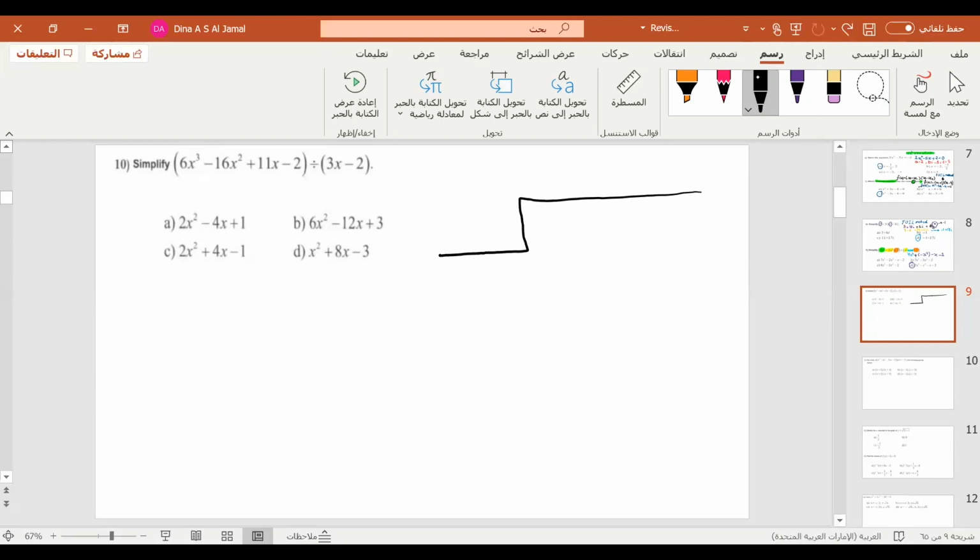So here you will be putting 3x minus 2. After this, check the index form. So 6x cubed, and you are having your x squared minus 16x squared, and you are having your x to the power 1, so put it as it is, and you are having your constant. So at the beginning, you will be focusing on the first term divided by 3x.